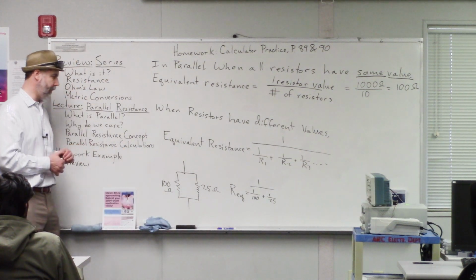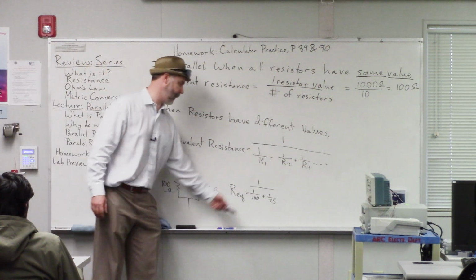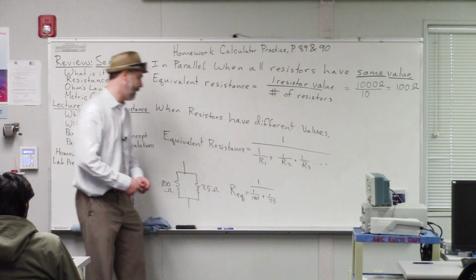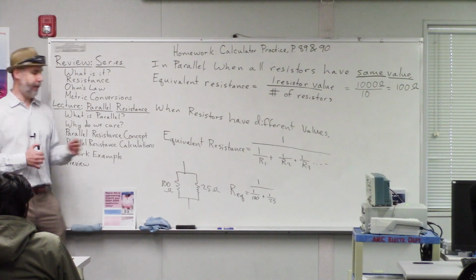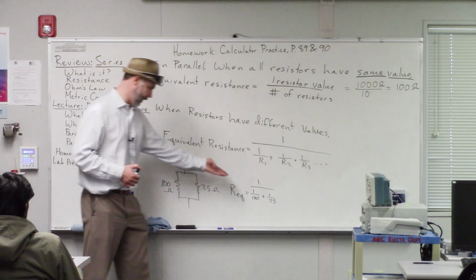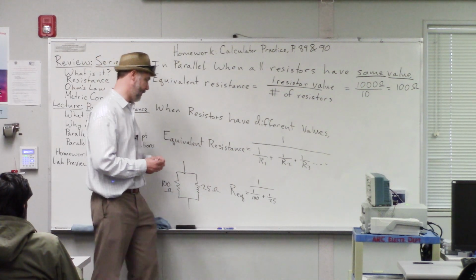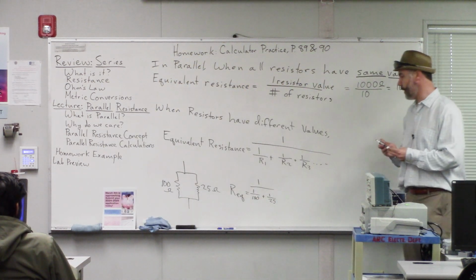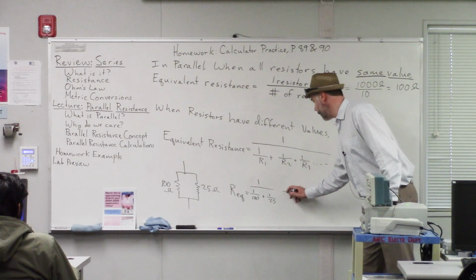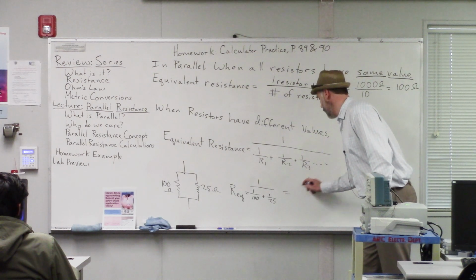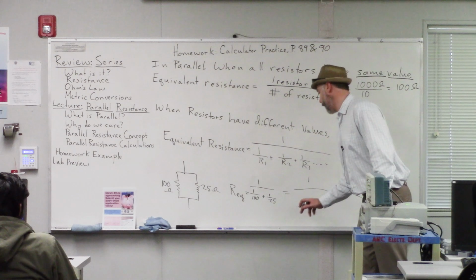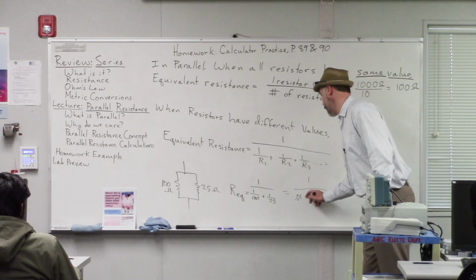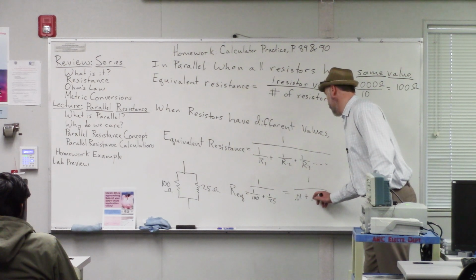Now, some people might look at that and say, okay, that looks a little complicated, we'll just say that's 100 plus 25. But that's not the way that it works. You really have to do each one of these steps. So this equals 1 divided by, 1 over 100 is 0.01, and 1 over 25 is 0.04.